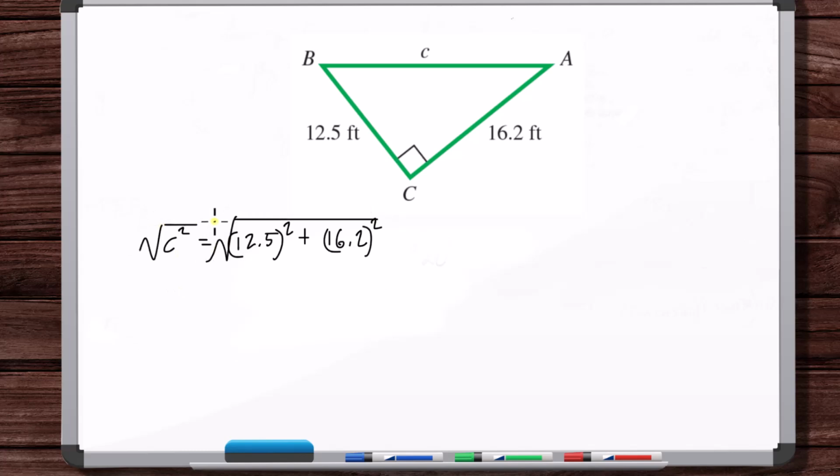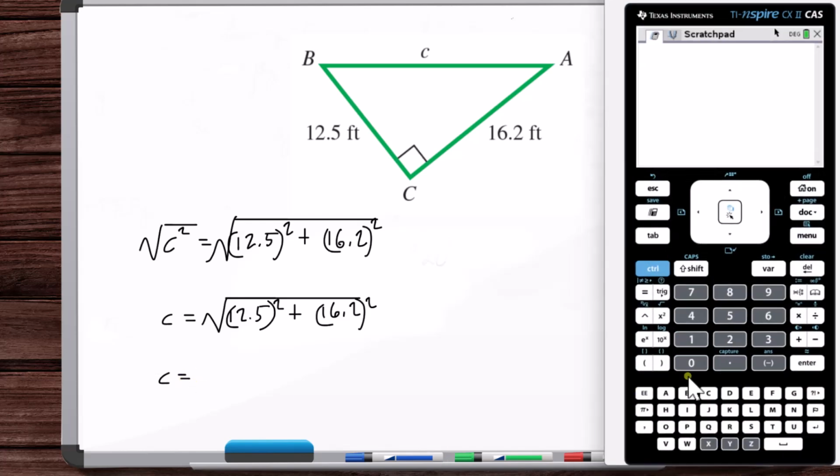And we'll just keep the positive, plus or minus. So C is equal to the square root of 12.5 squared plus 16.2 squared, 20.4619 feet.